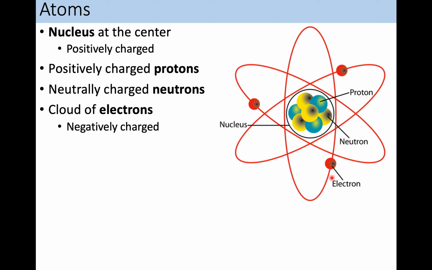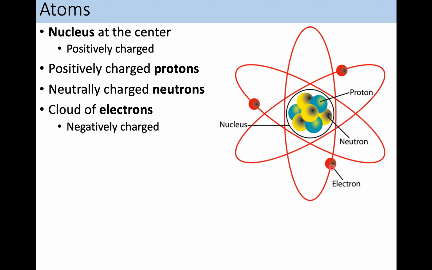Then there are electrons that go around the nucleus. So the nucleus has a positive charge, and the electrons are the negative charge.